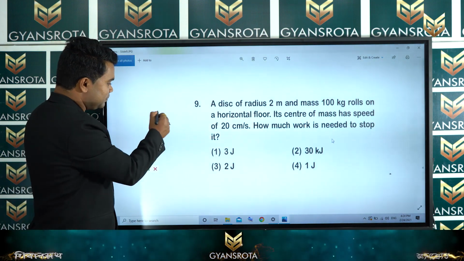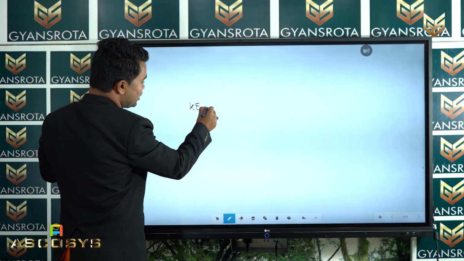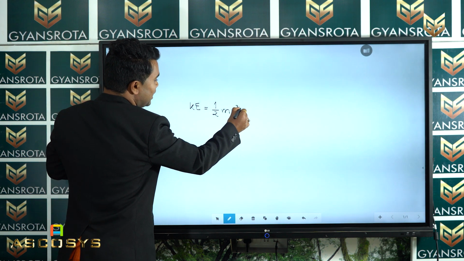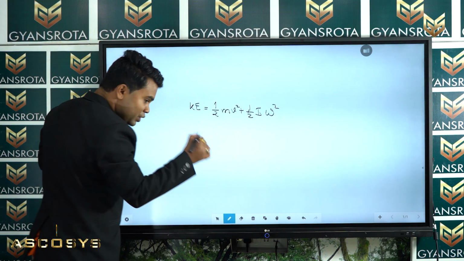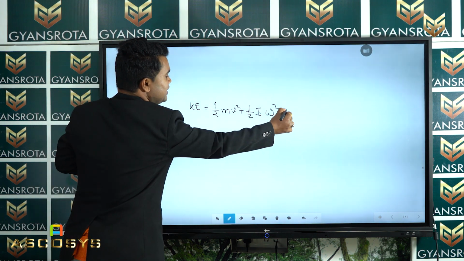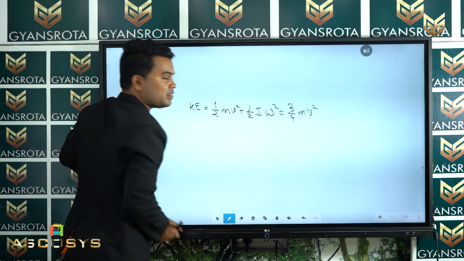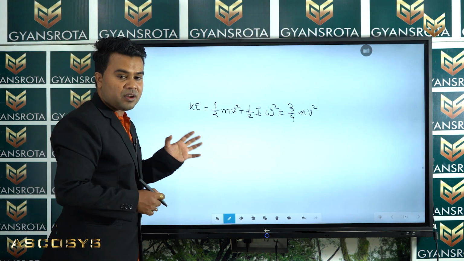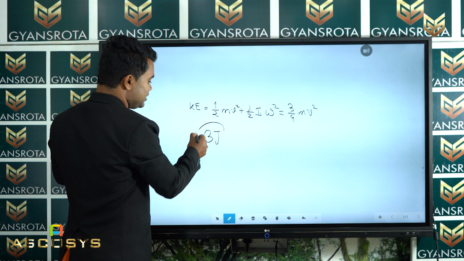Kinetic energy for a rotational body as well as a body moving linearly is half mv square plus half I omega square, which can be written as 3 by 4 mv square. Simple. Now you put the value of the mass and the velocity, and your final answer will come out as 3 joule.